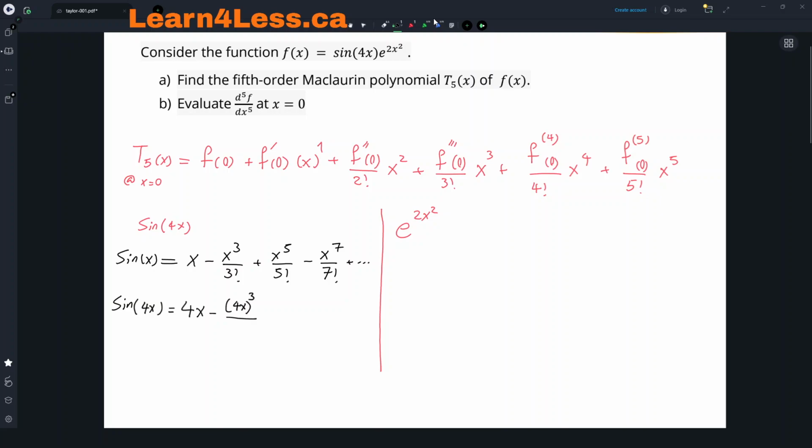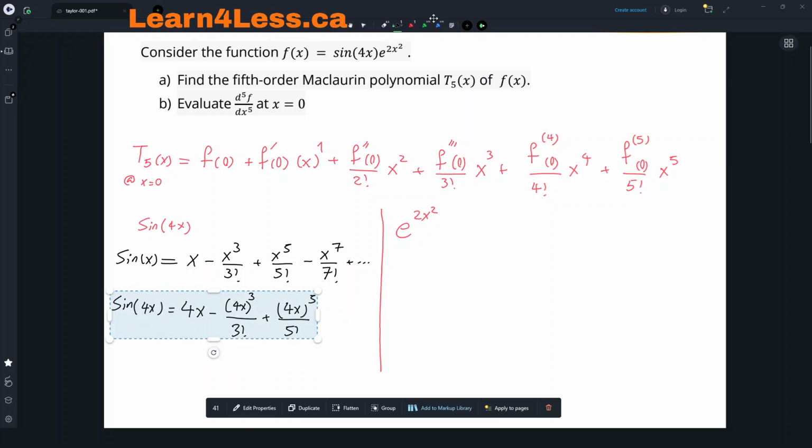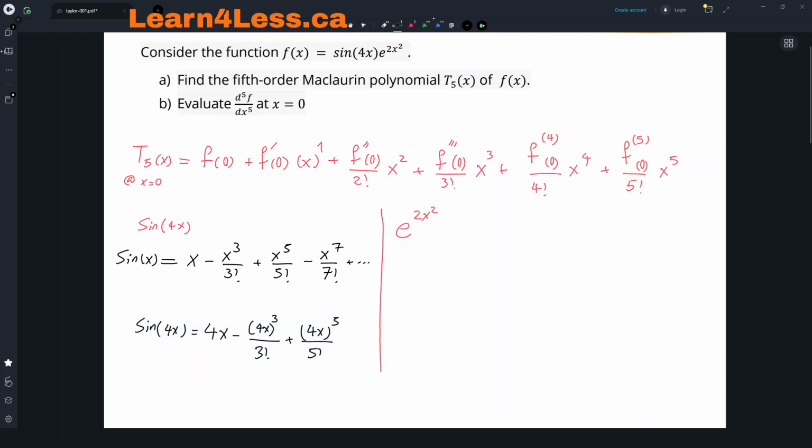Make sure that the 4 also is cubed, over 3 factorial plus 4x to the power of 5 over 5 factorial. And I don't need to go further, because the power of x right now is already 5. So I can just stop here and I say, okay, the T5 would be this. So this would be the T5 for the sine of 4x.